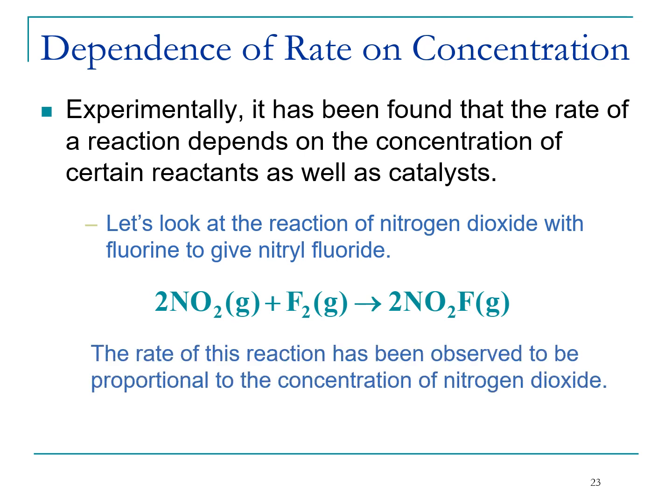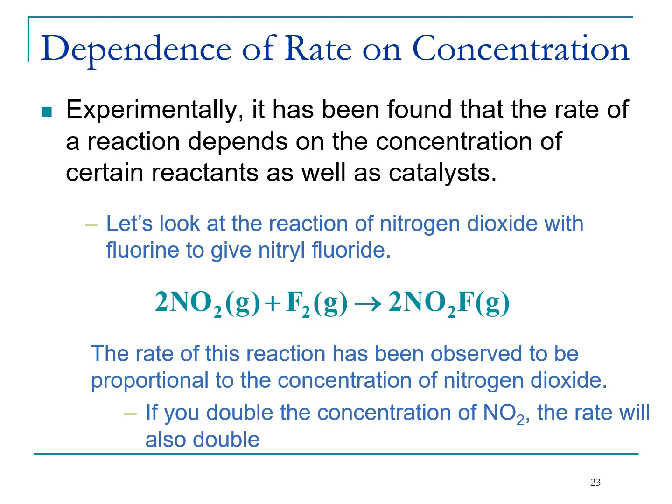Turns out that the rate of this reaction was done experimentally, and it turns out that it's proportional to the concentration of nitrogen dioxide. Or more specifically, if you double the concentration of NO2, what happens is the rate also doubles.